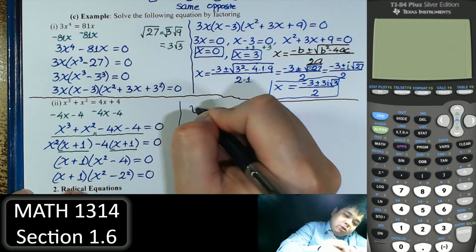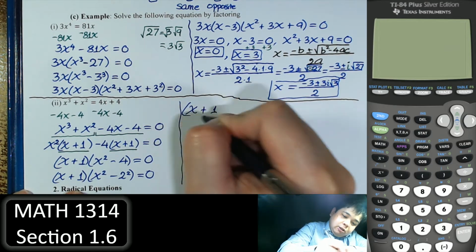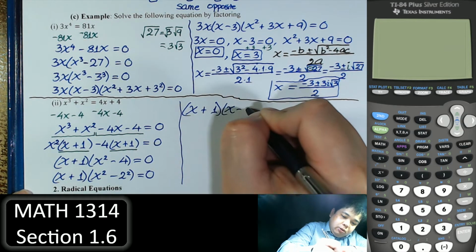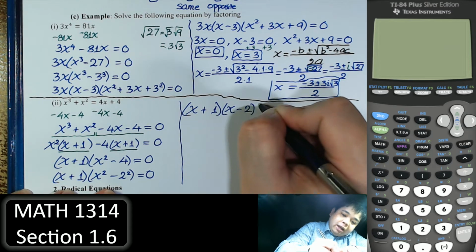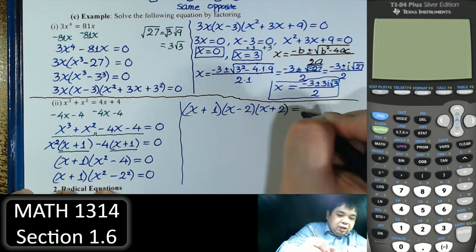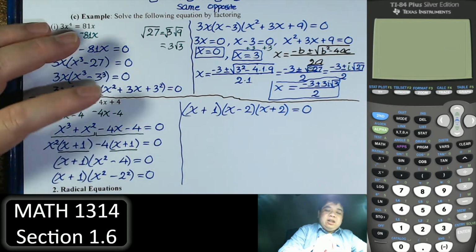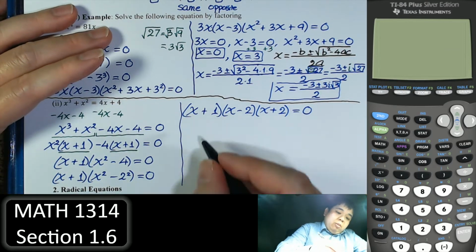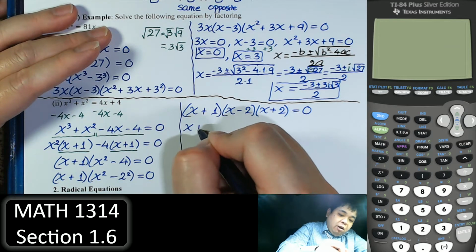So we have x plus 1, x minus 2, x plus 2, a minus b, a plus b. And now the rest is easy. Zero product principle: each factor must be 0.